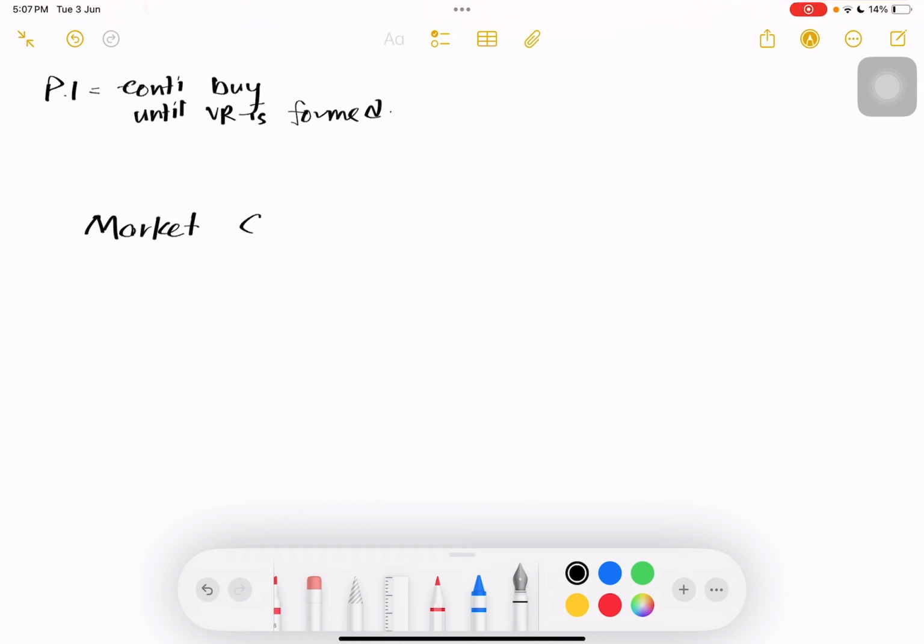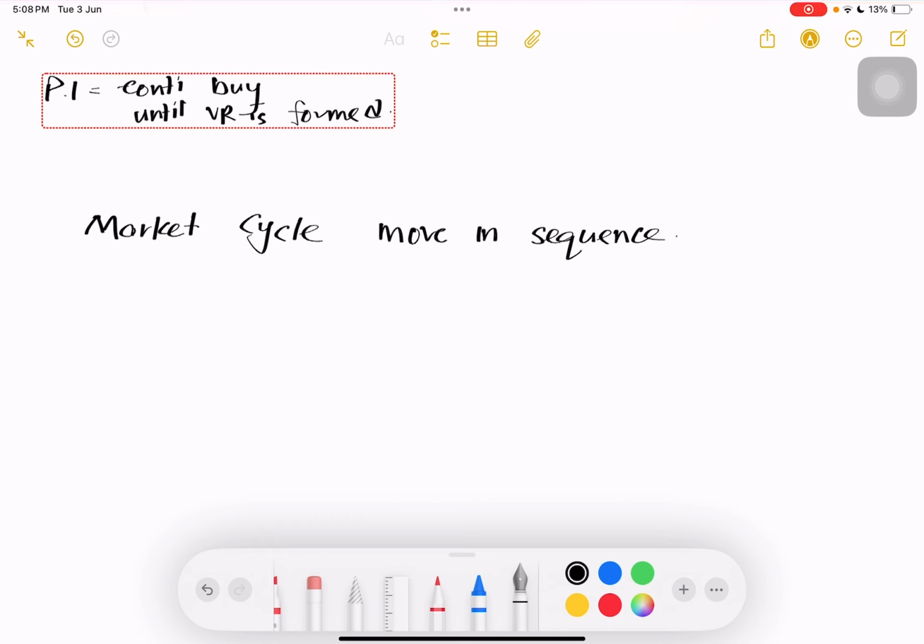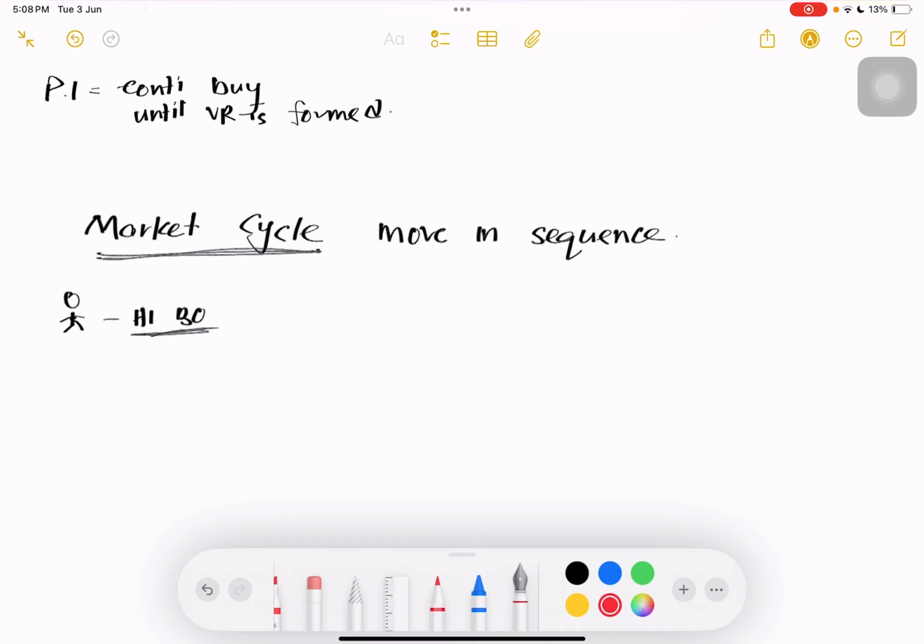Market cycle moves in sequence. For example, let's say I want to trade the setup H1 BO. Inside H1 BO, we know the H1 cycle is H1 BO, M30 VR, M30 CF.